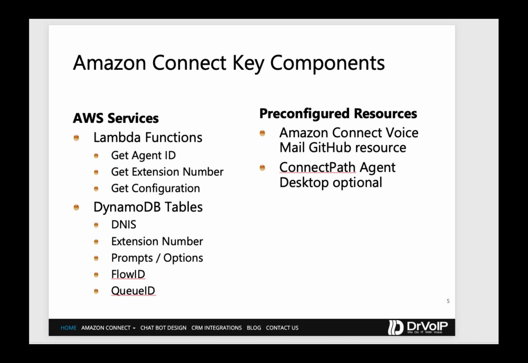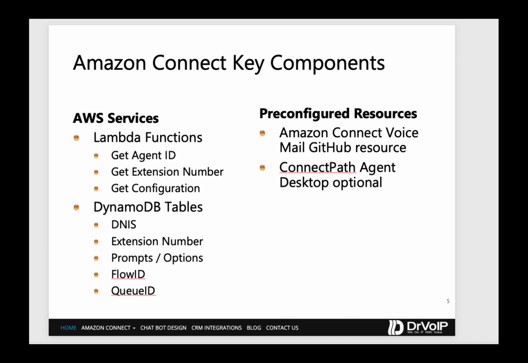We're also going to rely on two other third-party applications. The contact flows that we're providing make it possible to use the AWS published voicemail solution. This is a GitHub repository. Again, if you don't know what that is, we'll explain it in enough detail in a separate video to enable you to get that and get it installed.